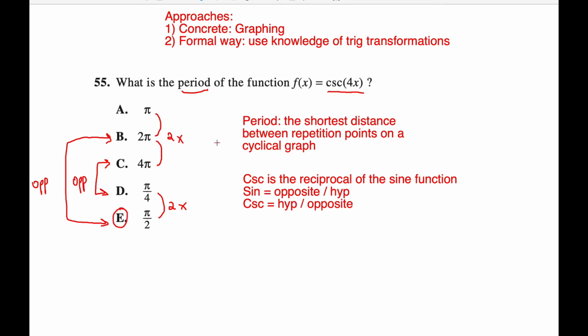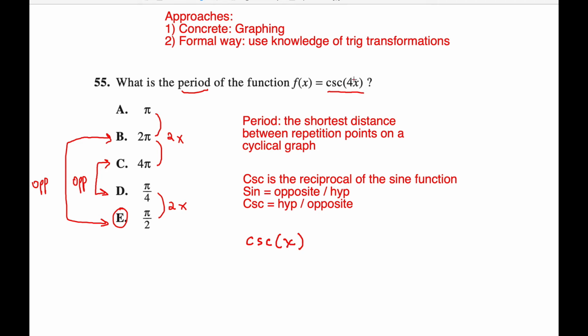Now that we have done it in the concrete way, let's review the more formal way of doing this. The formal way relies on this understanding of trig transformations. And the first thing we would need to know for that is the period of the regular cosecant function. By regular, I just mean cosecant of x without any transformation applied to that.